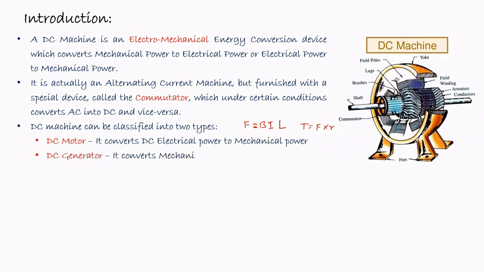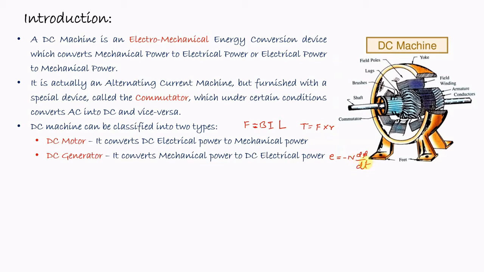The second type of machine is called the generator, that is the DC generator. It converts mechanical power to DC electrical power, and the generator operates based on the principle of Faraday's law of electromagnetic induction, which is represented as E = -N dφ/dt.